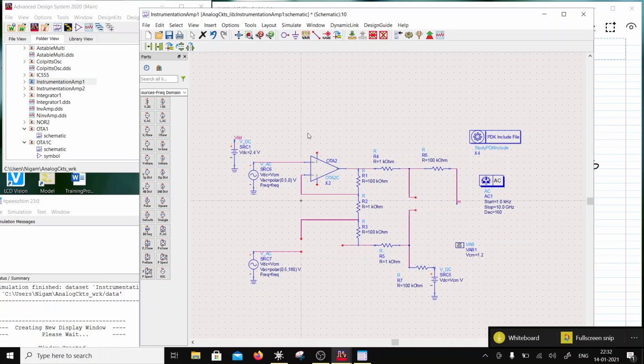Okay, so this is connected and we have a ground here, and we have a VDD here. Fine.